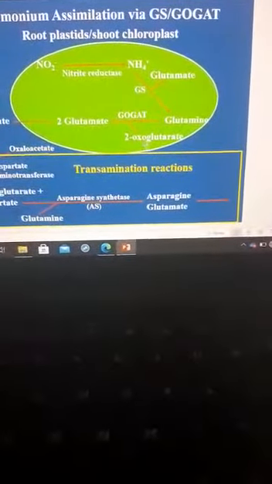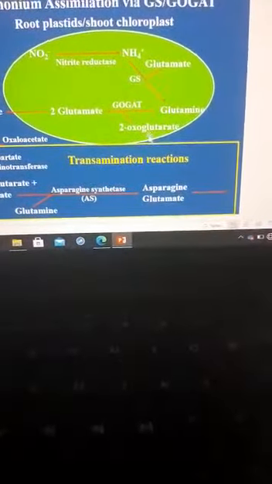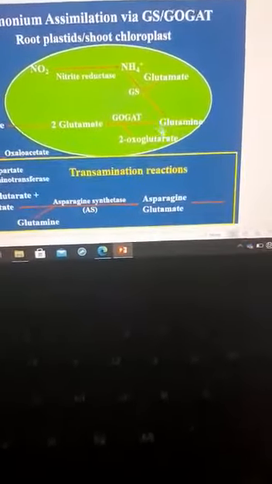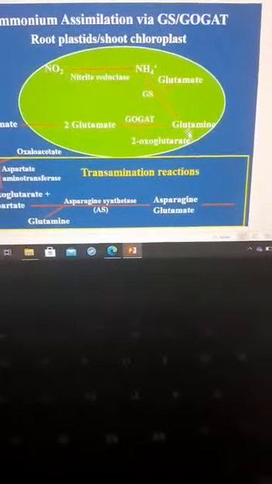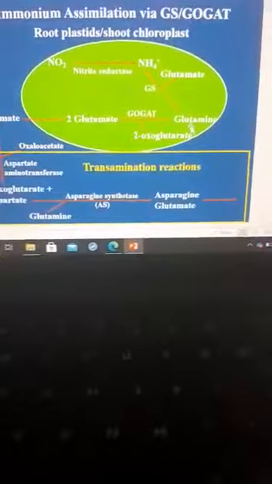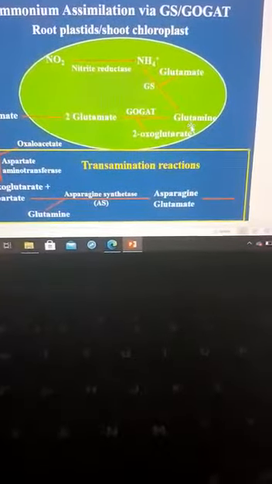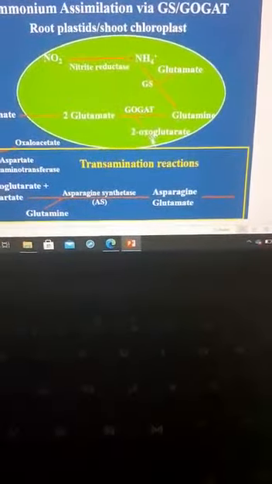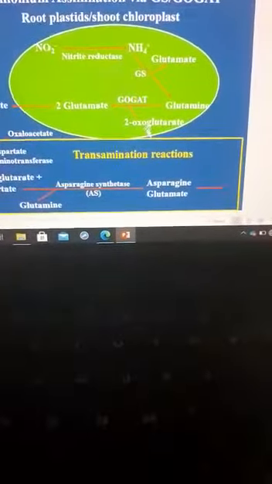So this organic acid called oxoglutarate will interact with an amide called glutamine. An amide has got two NH2 groups. The organic acid lacks an NH2 group to become an amino acid.